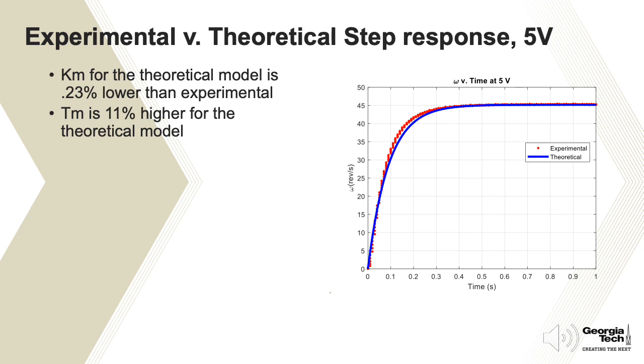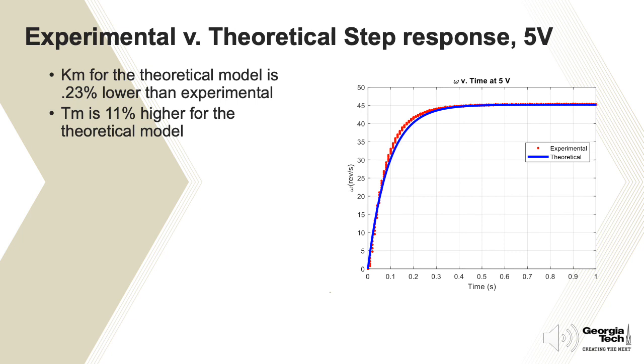The team is actually impressed with how close the curve for the experimental and theoretical step responses are. This can be evidenced by the calculated 0.23% difference in Km and 11% in Tm. However, taking into consideration the assumption of no friction and no inductance, one would expect the blue or the theoretical curve to show faster angular acceleration and to achieve steady state earlier than the experimental one.